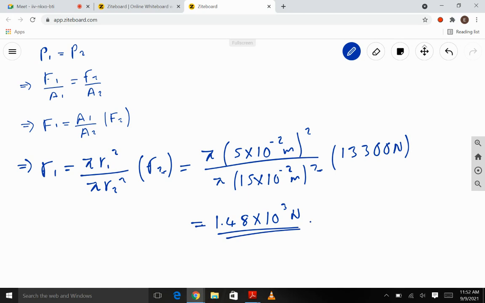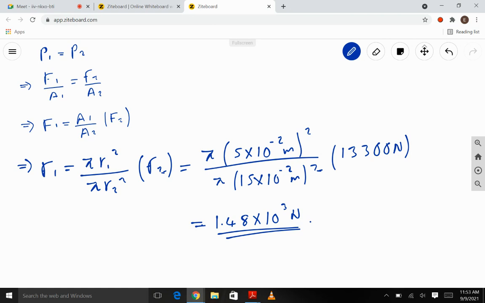So that's the force that should be applied on the small piston if we are to be able to lift that particular car. So that's something that's important to take note of.